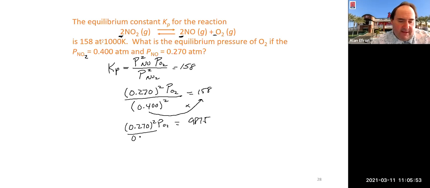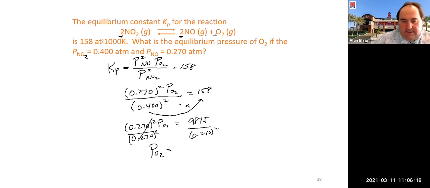We then want to divide this to the other side, which will cancel, giving us the partial pressure of oxygen. Let's see here, I wrote it wrong. That number divided by 0.27 squared equals that.